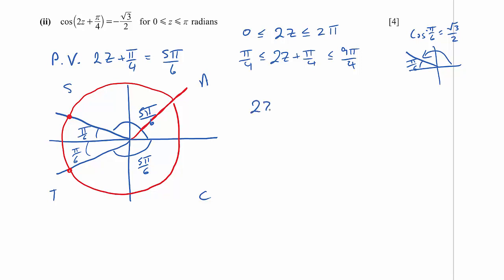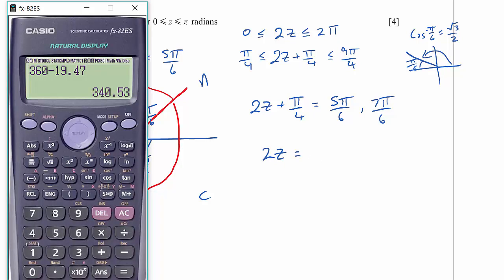So we've got 2z plus pi by 4 is equal to 5 pi by 6, and this one here would be 7 pi by 6. So 2z is going to be, we need to do 5 over 6 take away a quarter.